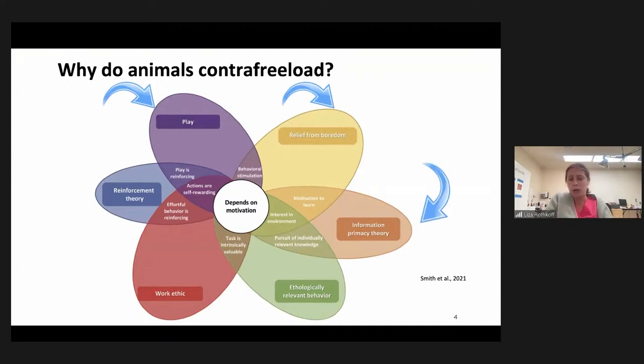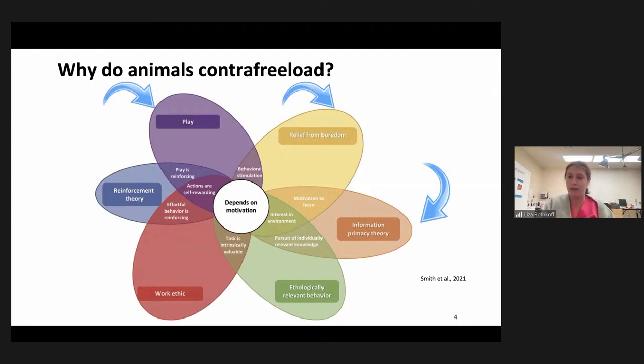I will also be talking about the information primacy model. The information primacy model refers to the idea that in uncertain environments, an animal will have a desire to look for resources, and it's important for the animal to do that.